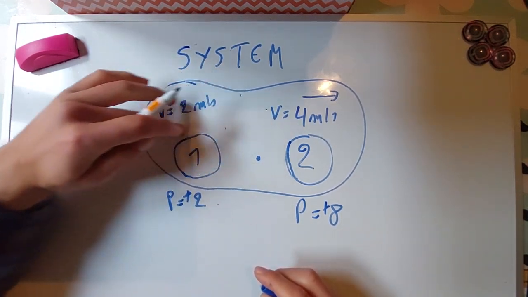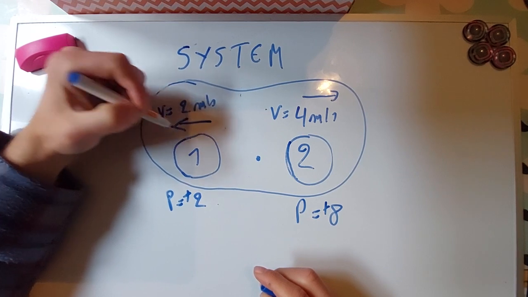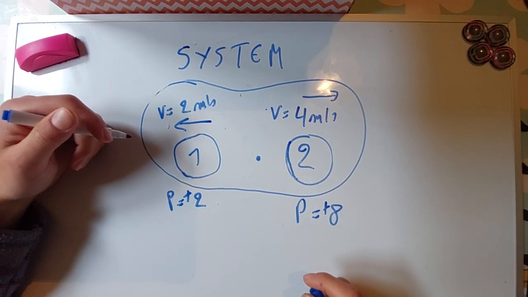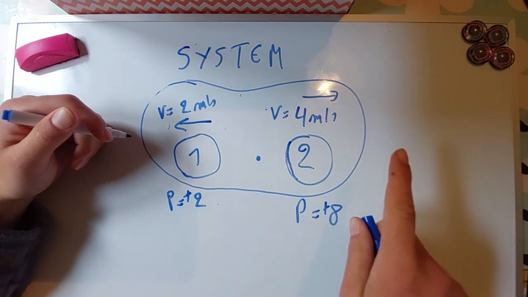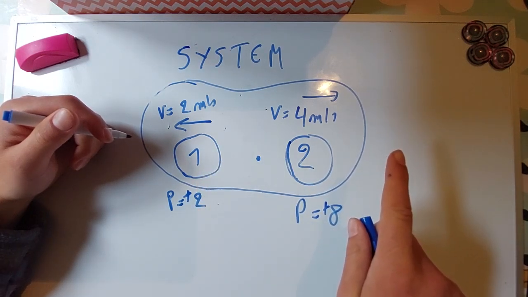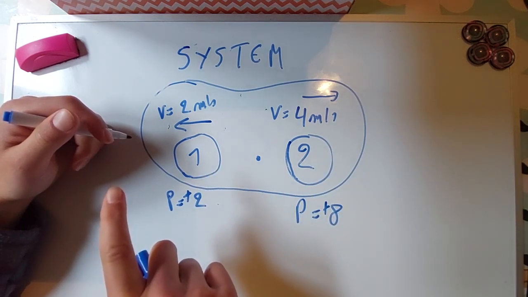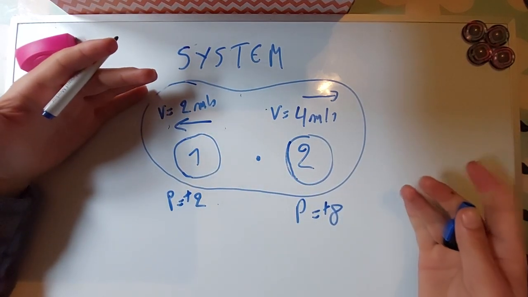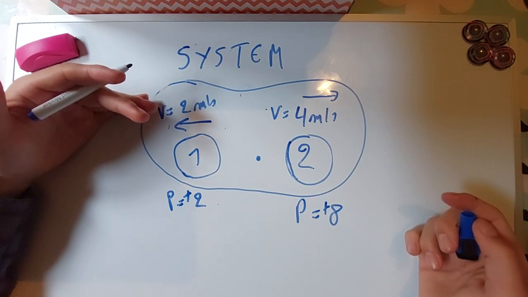But in the case where the 1 kilogram reflects back, then this is false. You cannot be moving to the right with momentum of 8 and to the left with momentum of 2 and still say that the system as a whole is moving to the right with momentum of 10. That cannot possibly be true.